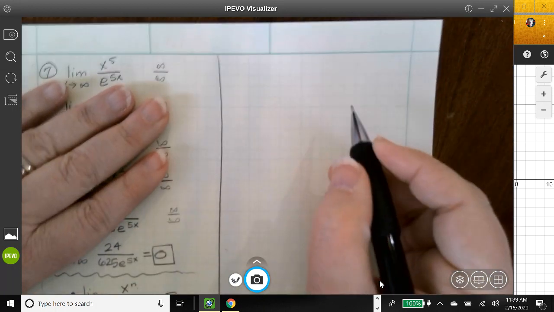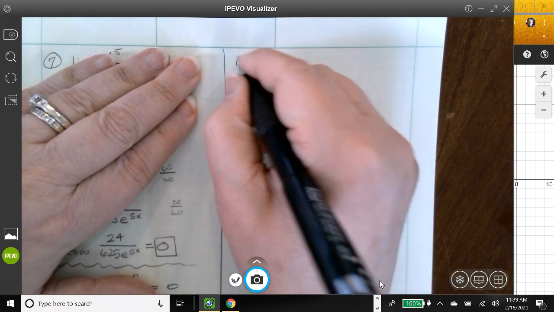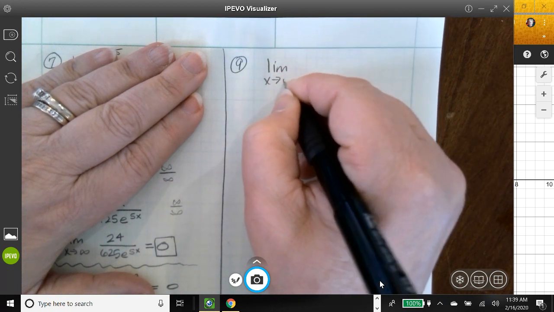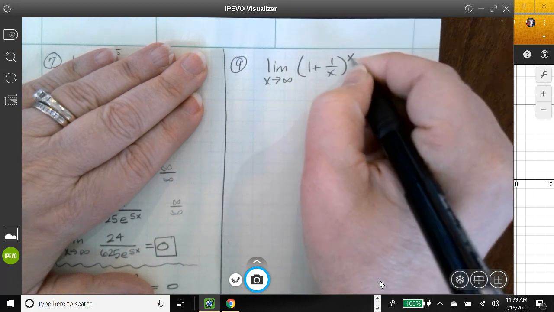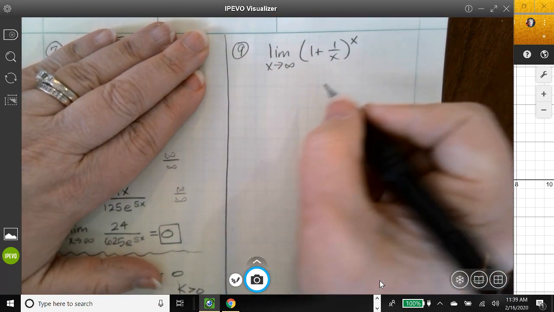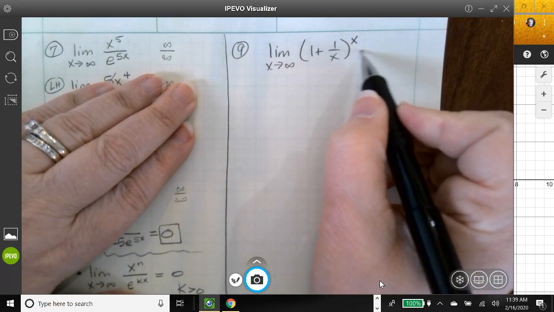Now this is one of my favorite limits, number 9: the limit as x approaches infinity of 1 plus 1 over x raised to the x. This is a function of x raised to another function.